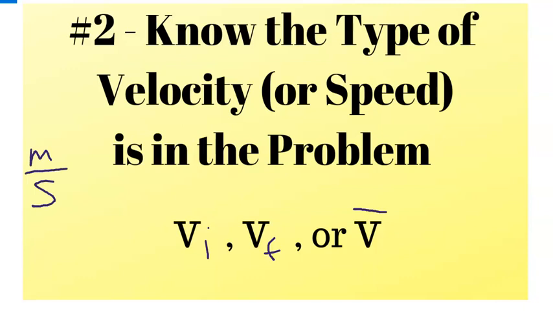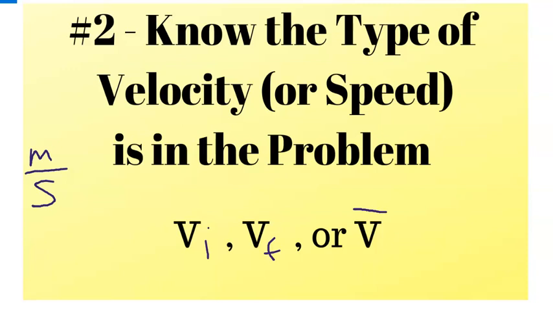You can't just go ahead and ignore that you have maybe a final velocity and you're thinking it's an average velocity. If you have an object at rest, or an object that maybe starts out moving and then goes to rest, or starts out at rest and starts moving, then that particular velocity might be equal to 0. But make sure you know what kind of velocity that you have.